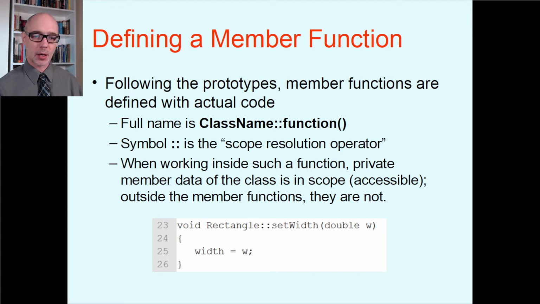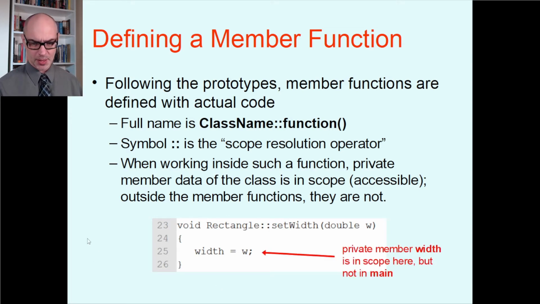But here, when you're working inside a member function, conceptually, you're inside the object. Well, you don't need to write the struct dot or the class dot or whatever. You can just say width, and we know what object you're talking about. It's the one that you're actually inside of right now. So here, that member variable width is being set to that incoming W number. Okay, and then the width member variable has been updated with the new width.